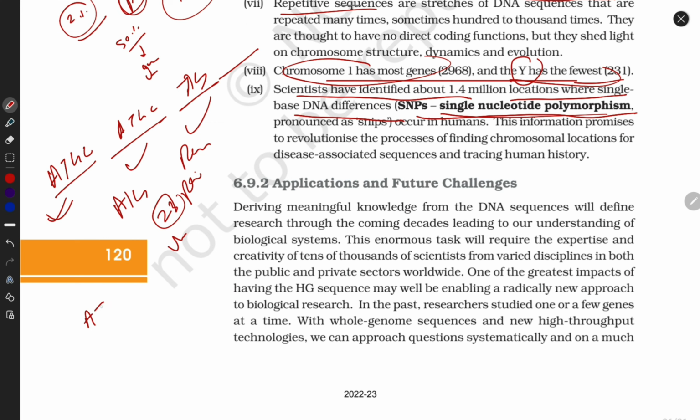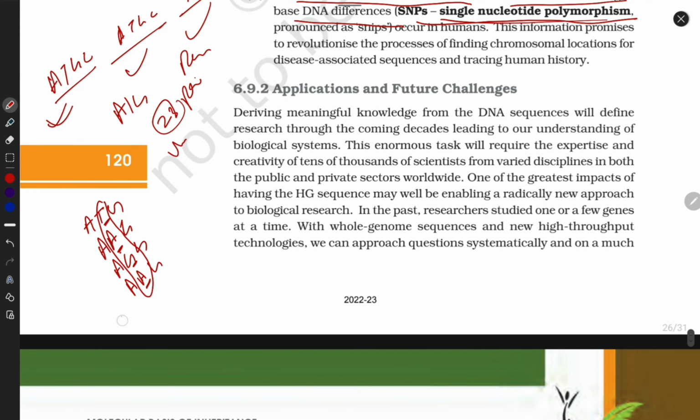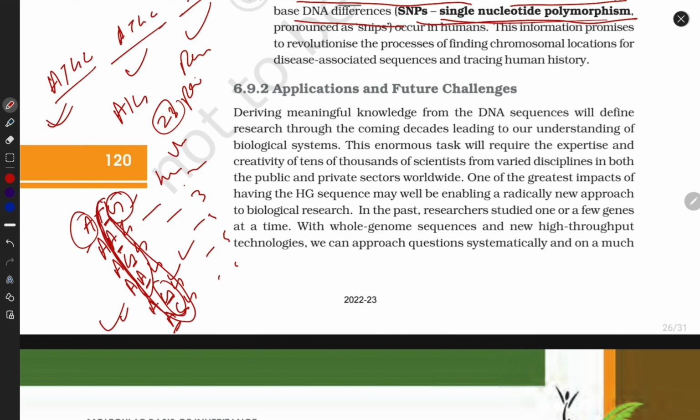Some humans have an ATG sequence, and another has a slightly different sequence. Only a single base pair is different, the rest is the same. Say I take human first, human second, third, fourth, fifth, sixth, seventh. I identify that their starting sequence and ending sequence are the same, but the middle part of the sequence is different. But the rest is the same.